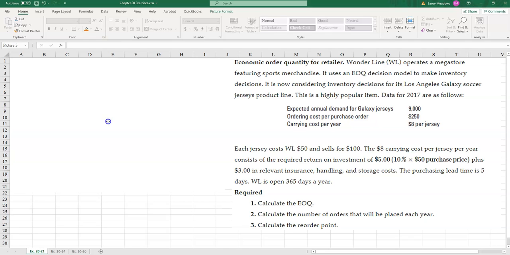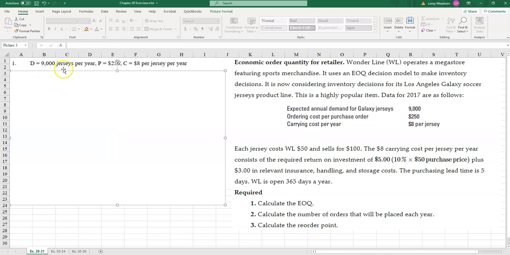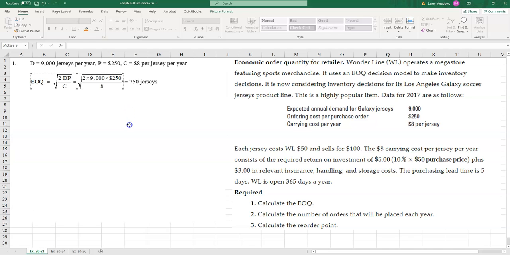So we've identified the demand, 9,000 jerseys per year, the cost of $250 per purchase order, and the carrying cost of $8 per jersey per year. When I plug that into my formula, remember our economic ordering quantity formula is the square root of 2 times the annual demand times the cost per purchase order divided by the carrying cost per unit of inventory.